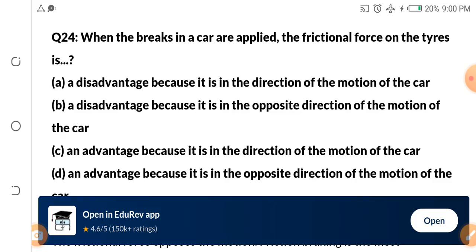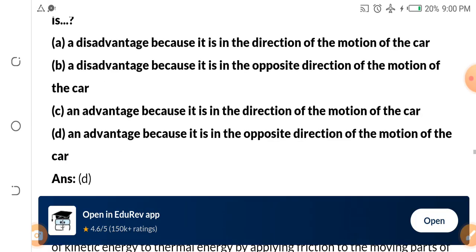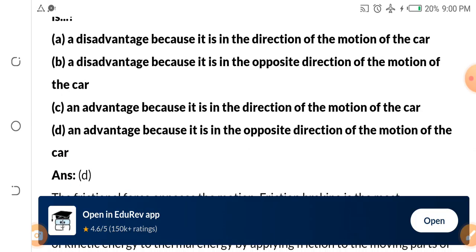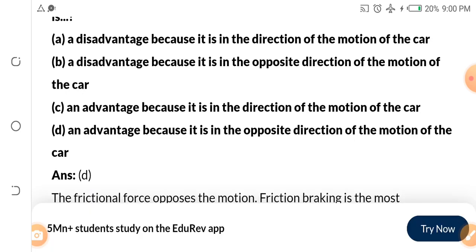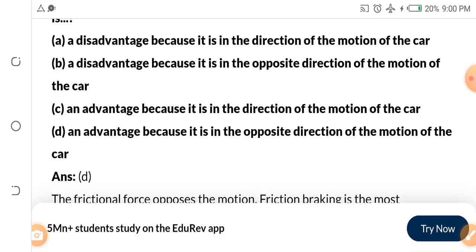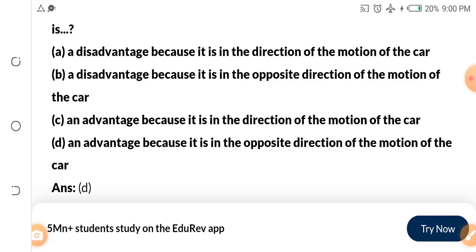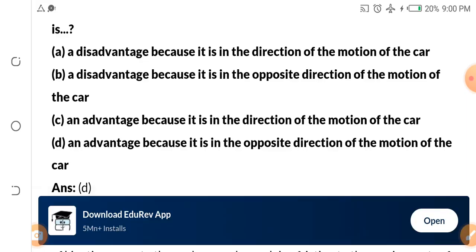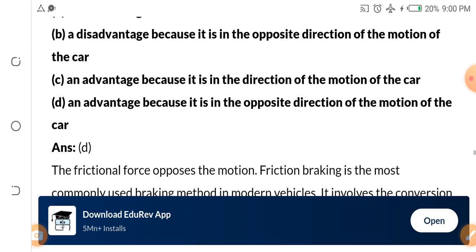A, a disadvantage because it is in the direction of the motion of the car. B, a disadvantage because it is in the opposite direction of the motion of the car. C, an advantage because it is in the direction of the motion of the car. D, an advantage because it is in the opposite direction of the motion of the car.